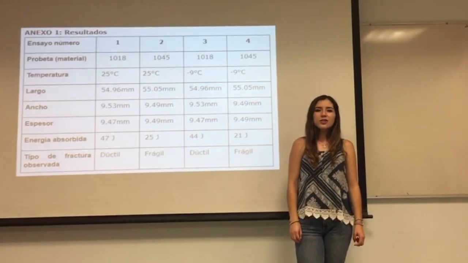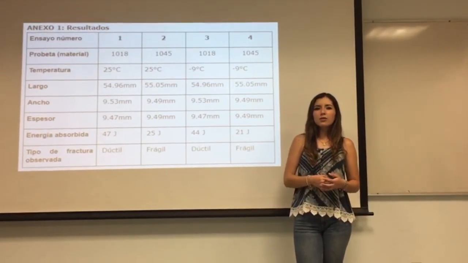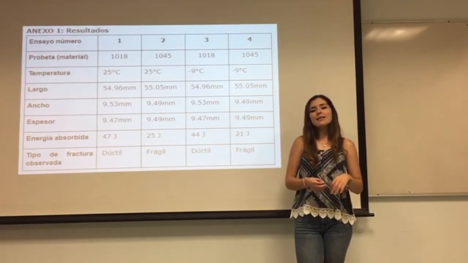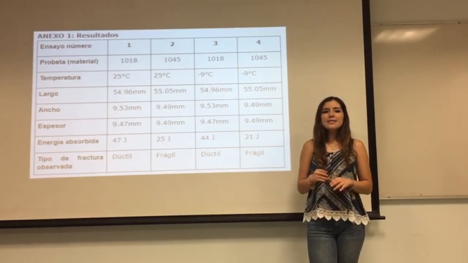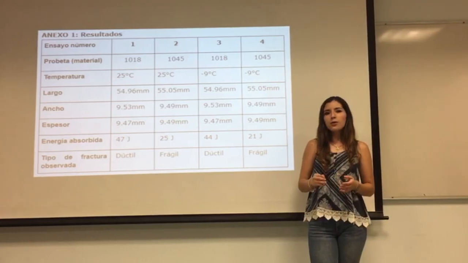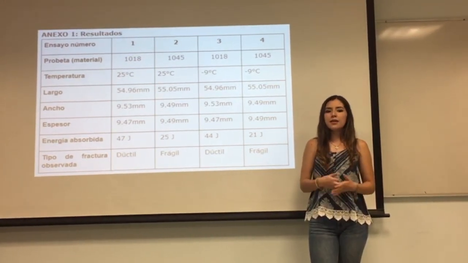A higher concentration of carbon means that there is more brittleness at low temperatures and that its ductility reduces, and so does its toughness. The steel 1018 has a low carbon concentration and the steel 1045 has a higher carbon content.